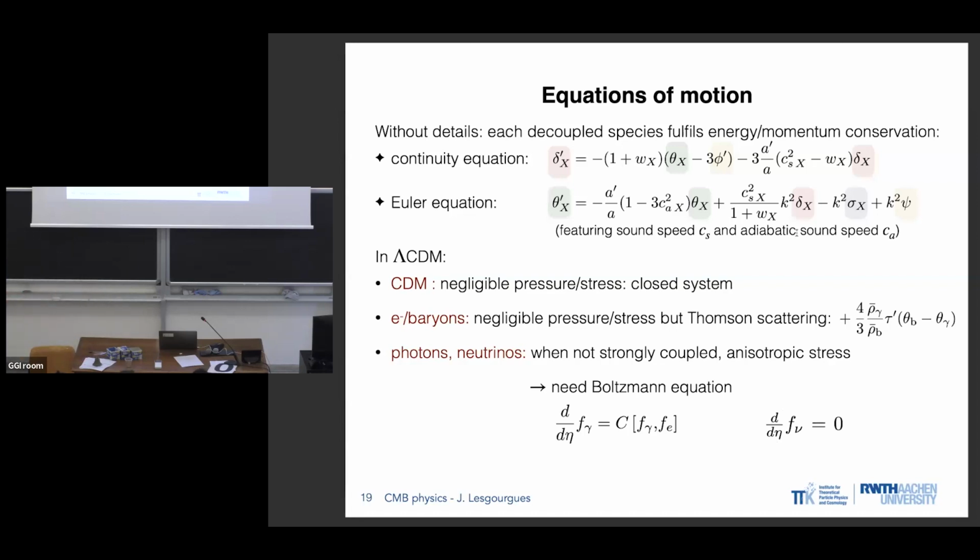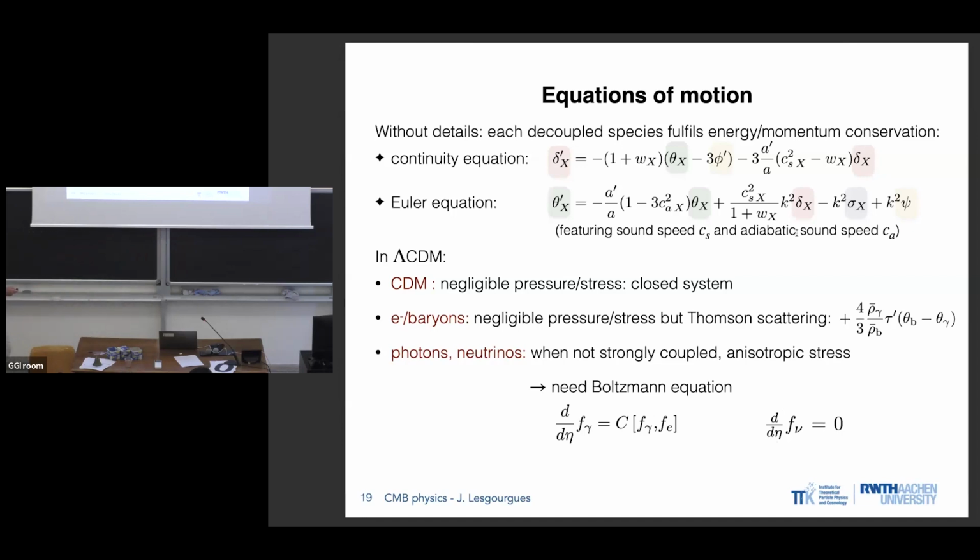I didn't mention that there are some mysterious coefficients in this equation. Well, they are not so mysterious. W is the equation of state parameter. I assume the linear equation of state. CS is a sound speed, which is such that the square of CS is the ratio of pressure perturbation over density perturbation in each point, delta P over delta rho.